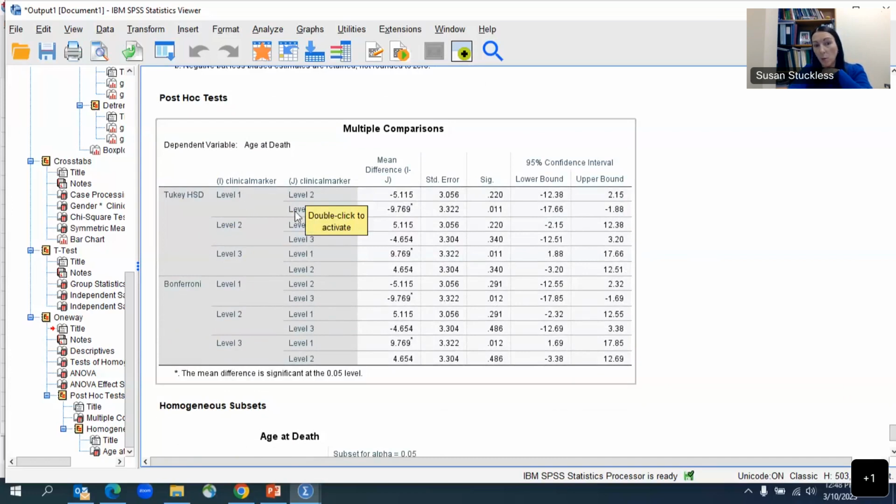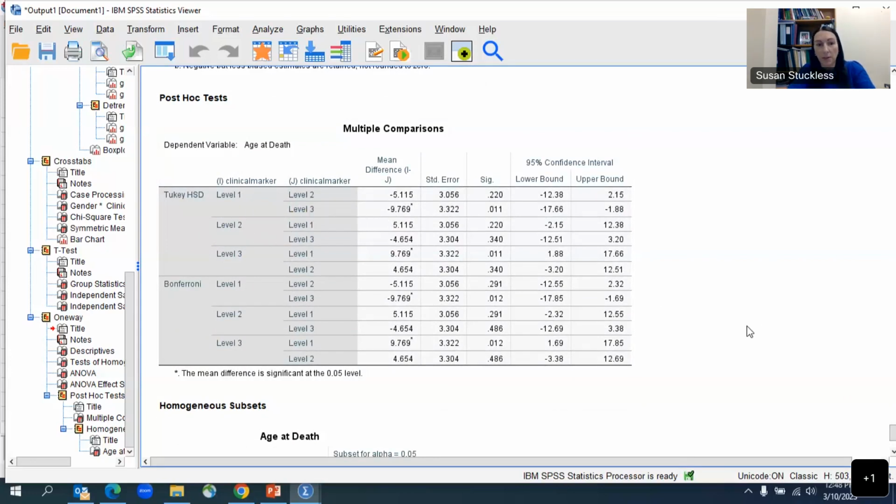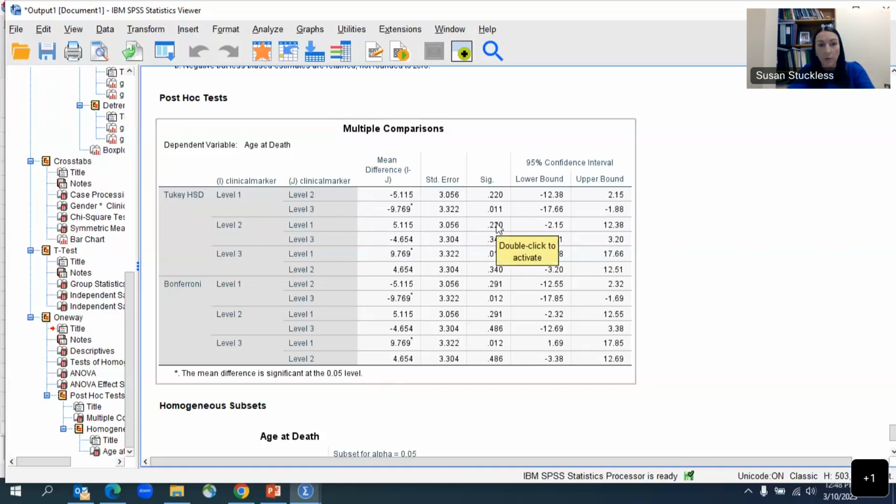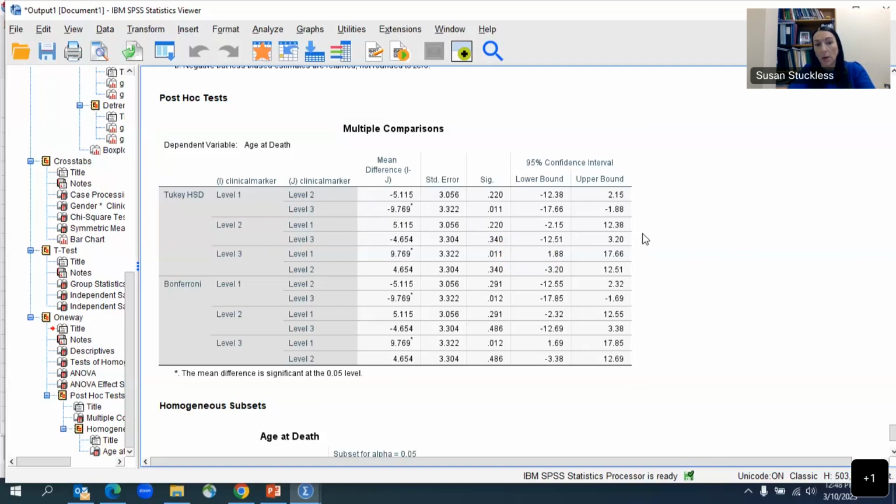However, if we compare level 1 and level 3, there is a significant difference. Level 2 versus level 1 is the same as level 1 versus level 2, but this also shows us whether there is a difference between level 2 and level 3. And the significance for that is no.